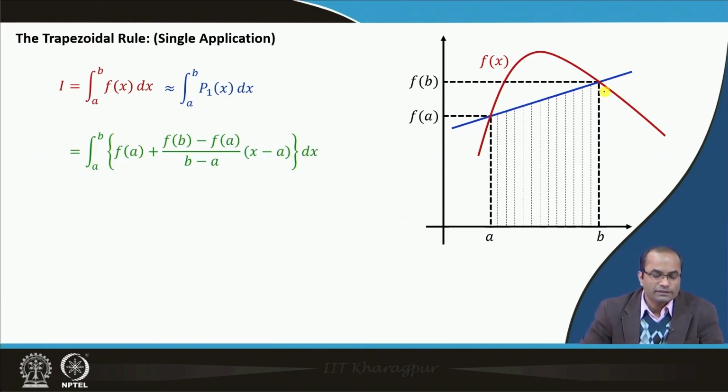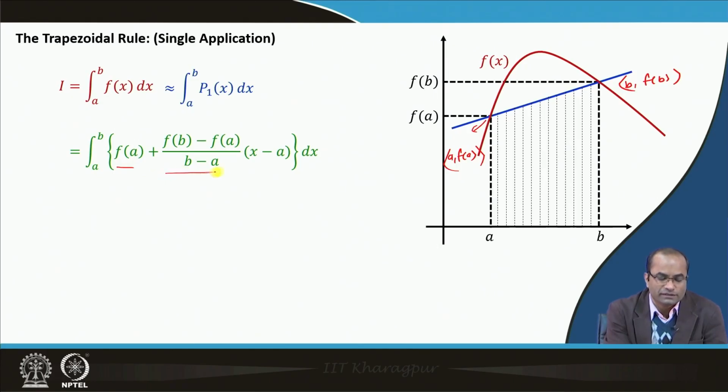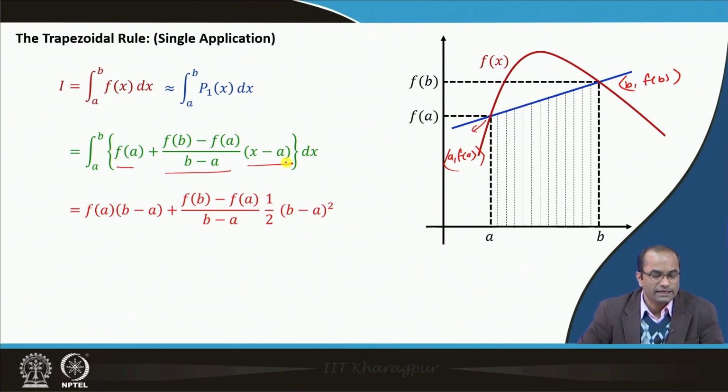We have already discussed before, when this point is, for instance, a, f a, the line passing through these 2 points we can write as f a plus f b minus f a divided by b minus a into x minus a, dx. So this can be integrated.